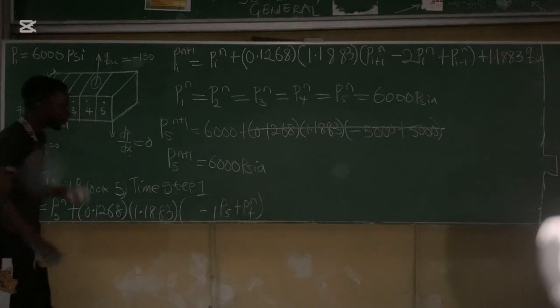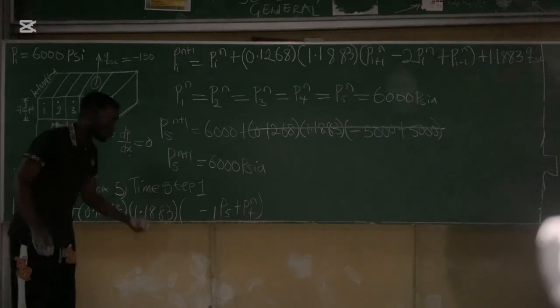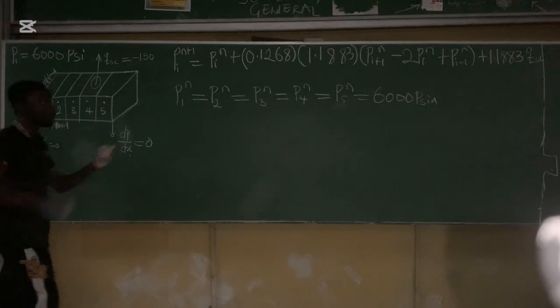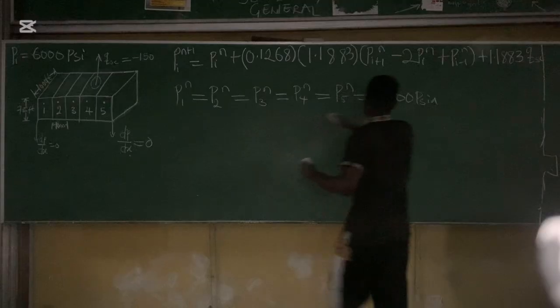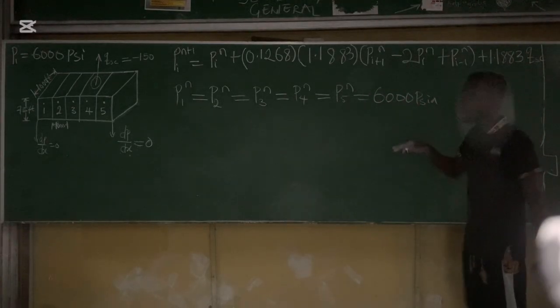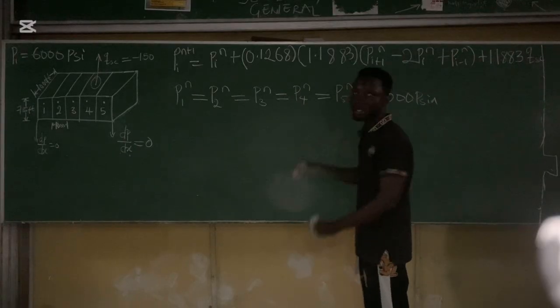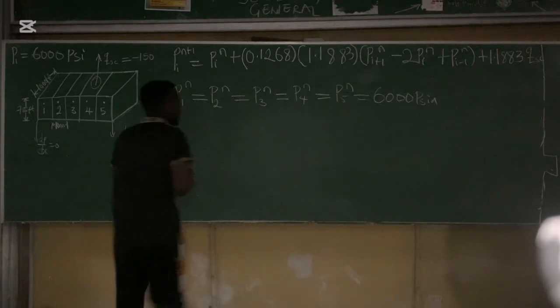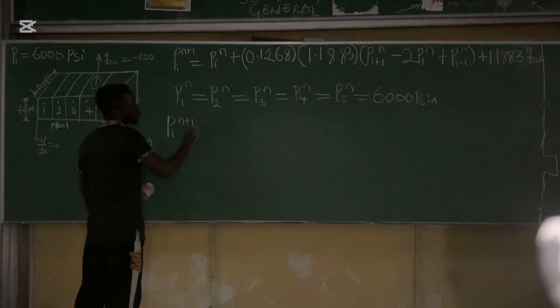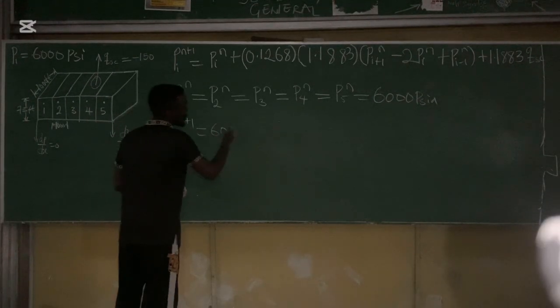The next step now is to compute for time step 2. Computing for your time step 2, remember that in time step 1, we said that all the pressure is equal to the initial reservoir pressure, which is this. But in computing for your time step 2 now, all the pressure changes. Remember that when we computed for our time step 1, we said that our P1n plus 1 is equal to 6,000.